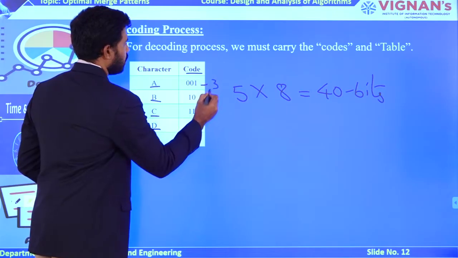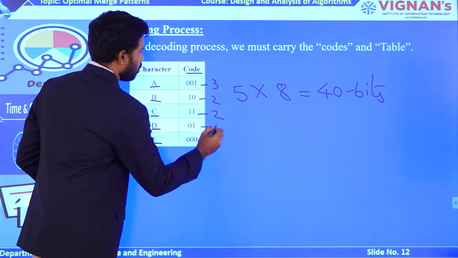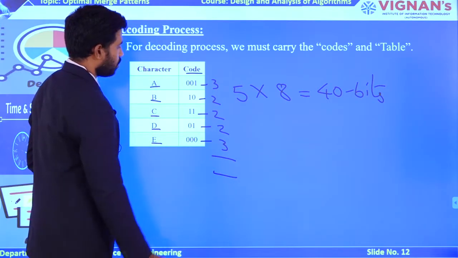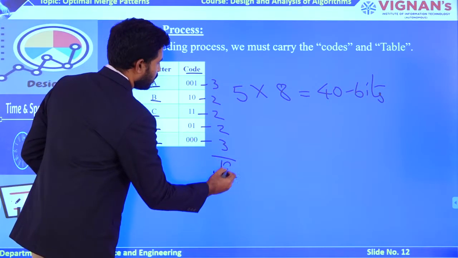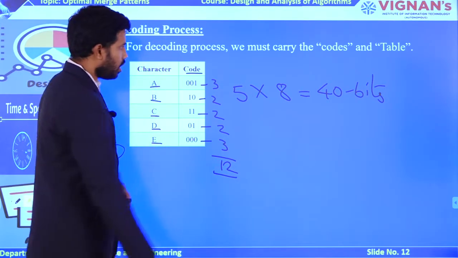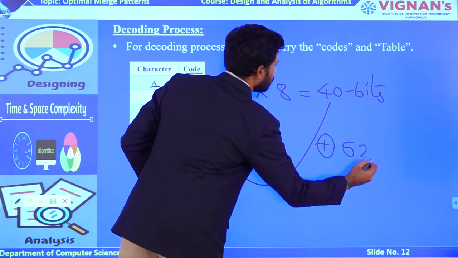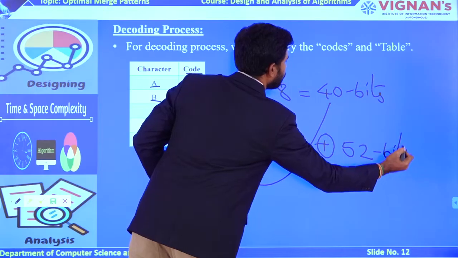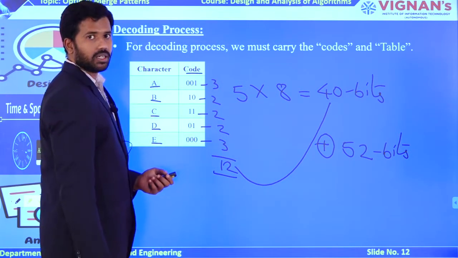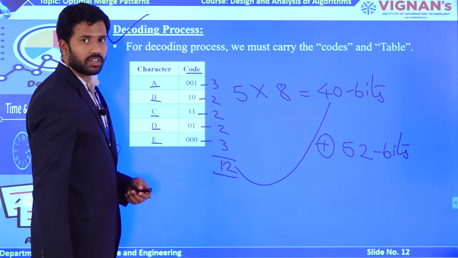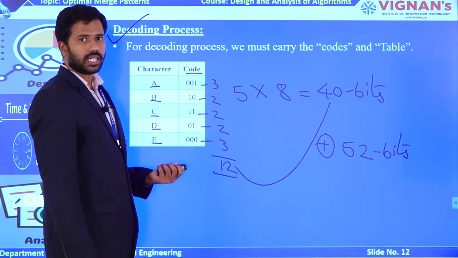Here 3 bits, here 2 bits, here 2 bits, here also 2 bits, here also 3 bits. Together that is 12 bits, right? Now 40 plus 12 is 52 bits. So 52 bits are required for your receiver to decode this encrypted information done at the sender side.